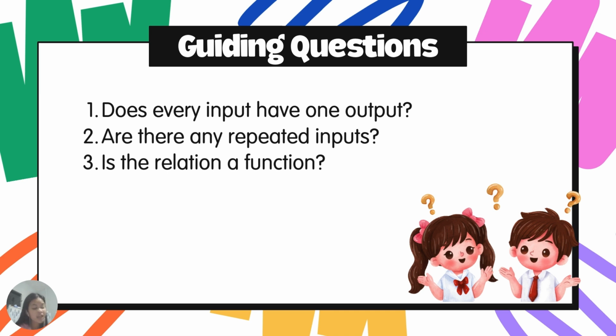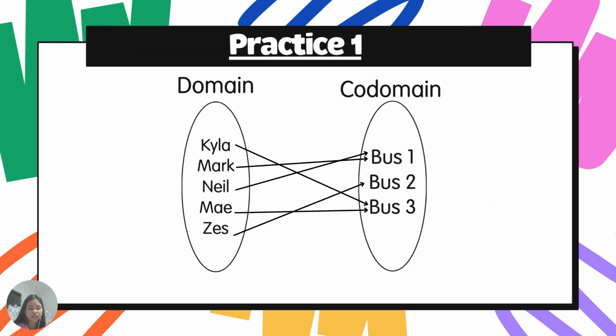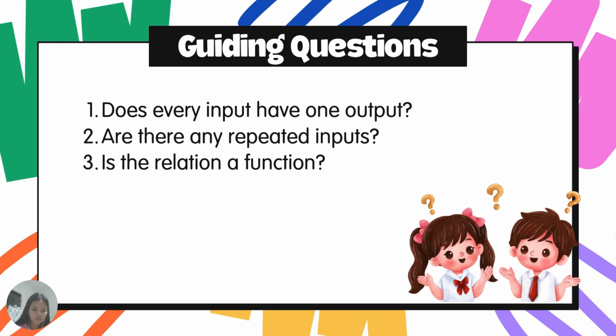And is the relation a function? So let's go back to the arrow diagram. You can pause this video and answer this practice in your worksheet. Take your time to answer carefully. Don't just look for the answer. Explain why that is your answer.